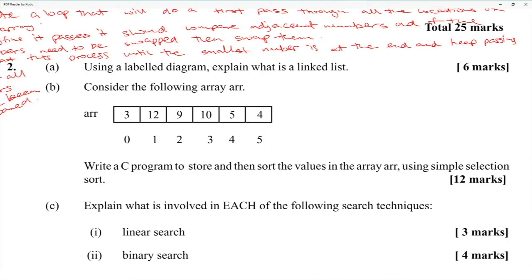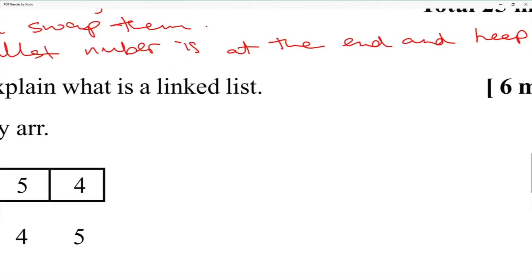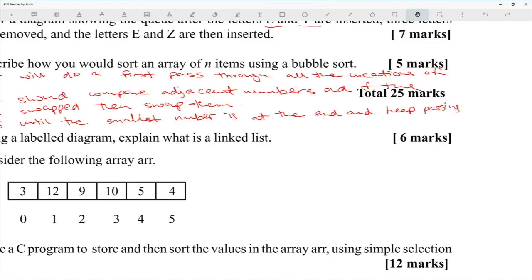Alright, so let me draw the linked list first and see how the explanation will fit. Alright, so you must start off with a, why is it blue? That's supposed to be blue. Alright, so you're drawing a train, right? You're drawing a train. Box. Pointer.